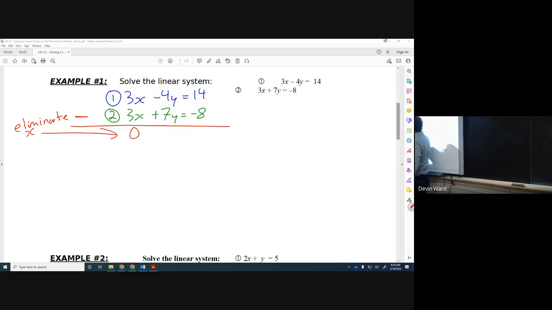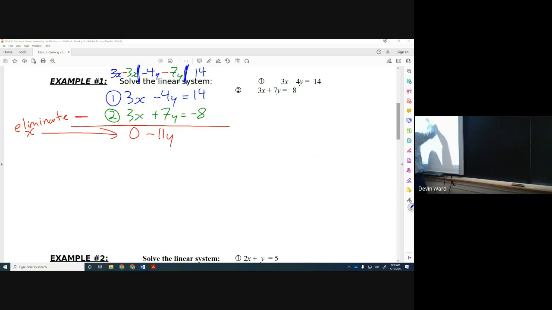Not negative 3 because we're not adding them, we're subtracting them. So we had 3x minus 3x, negative 4y minus 7y here, which gets us negative 11y.